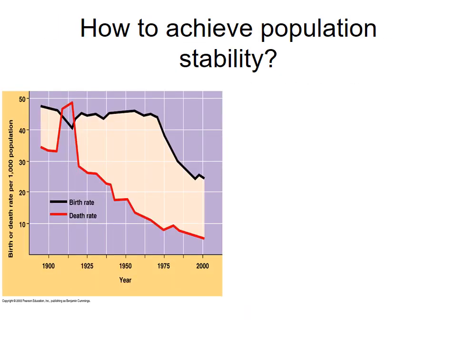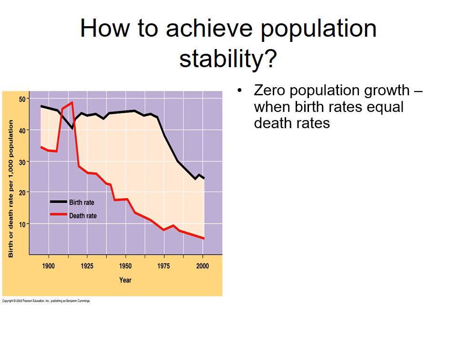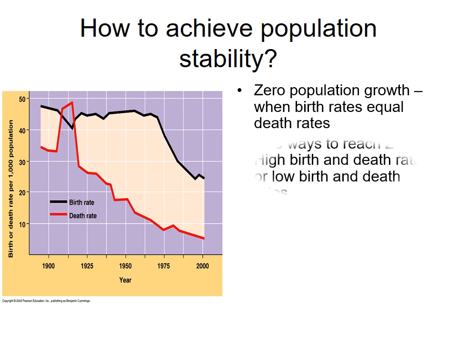So, how to achieve stability? Well, it all comes down to birth rate and death rate. Zero population growth is when birth rates equal death rates. Pretty simple. There are two ways to reach ZPG. First, you can have high birth rates and high death rates, or you can have low birth rates and low death rates.